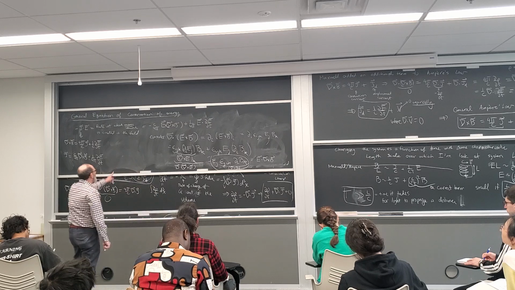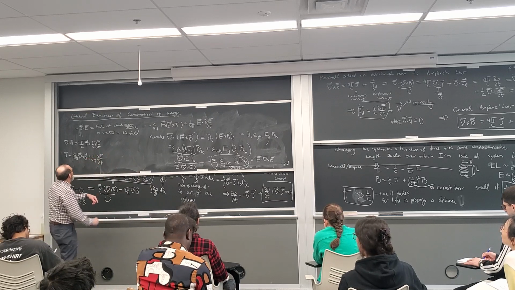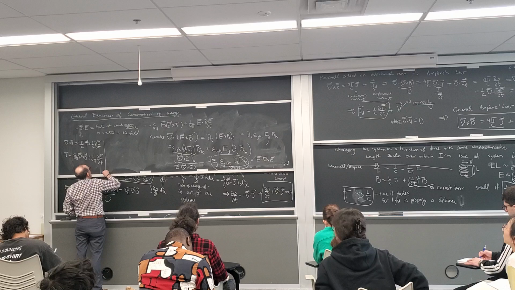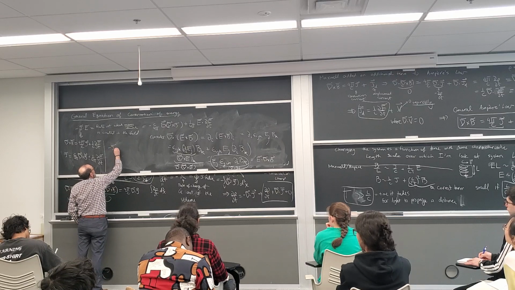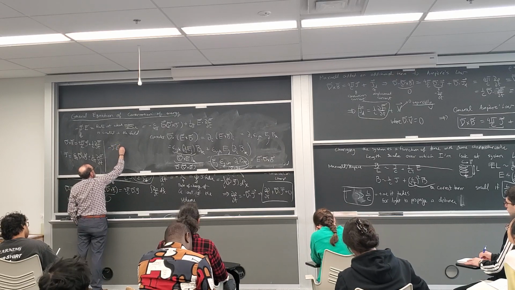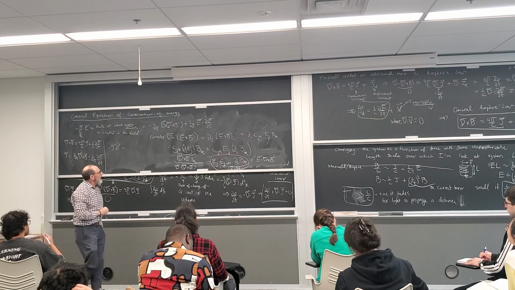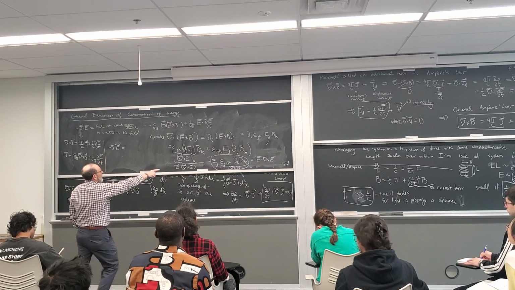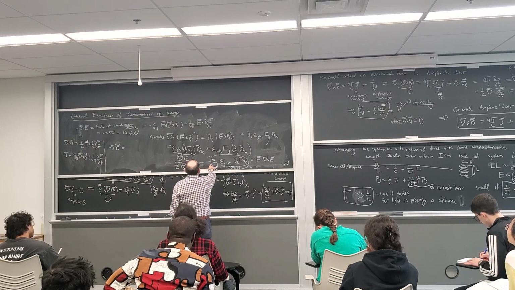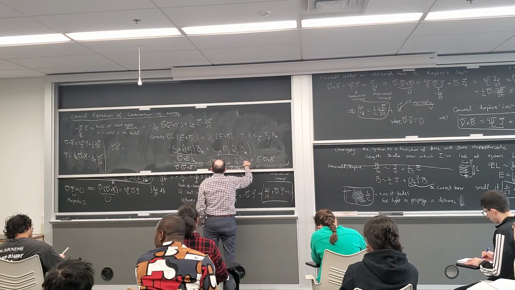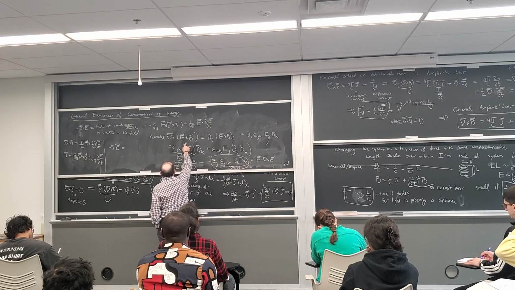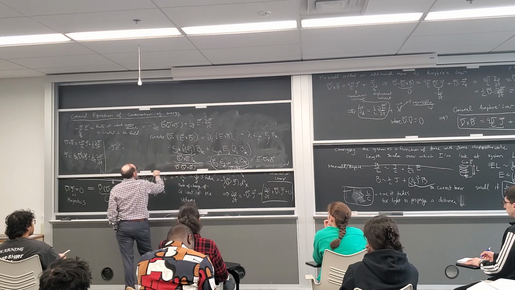Okay? So putting that together, what I have is minus J dot E is equal to what? Well, minus that is equal to this minus that.